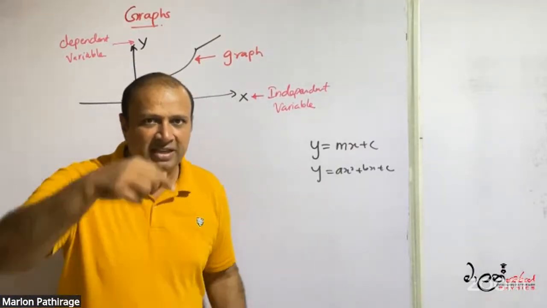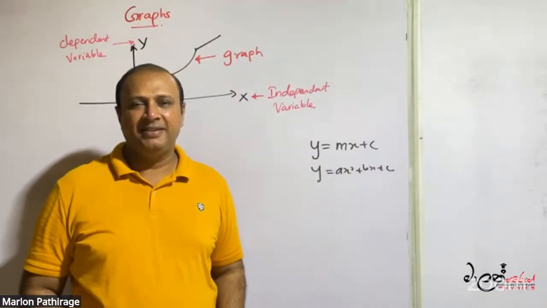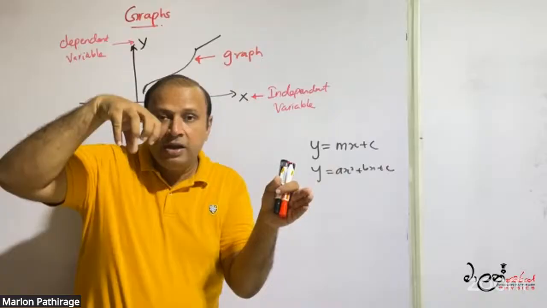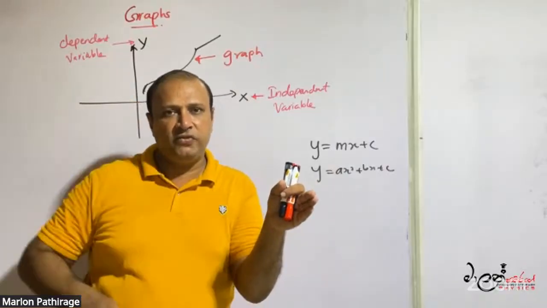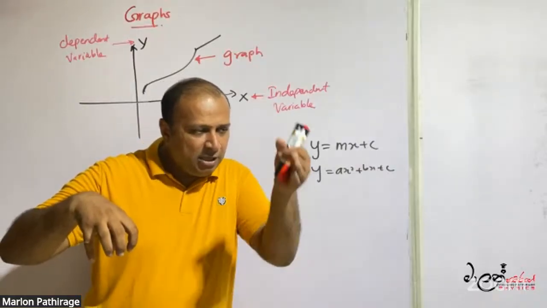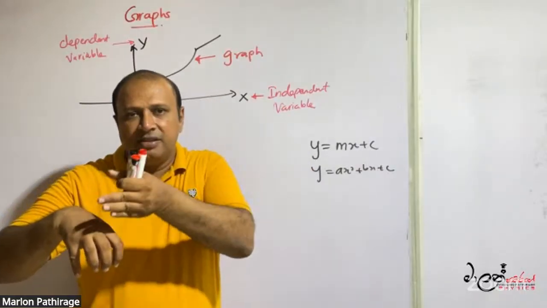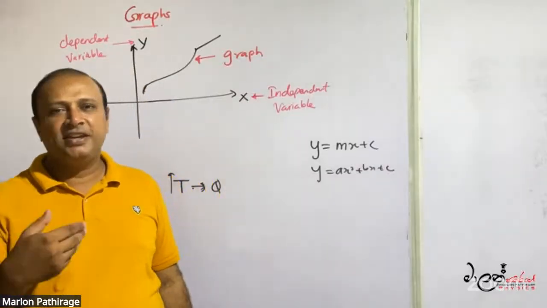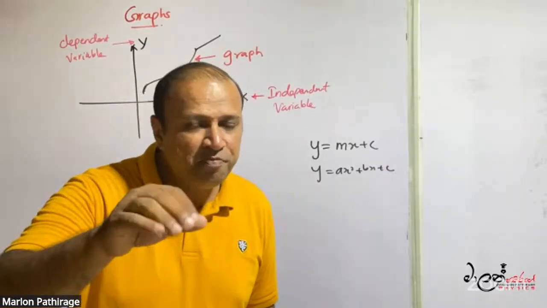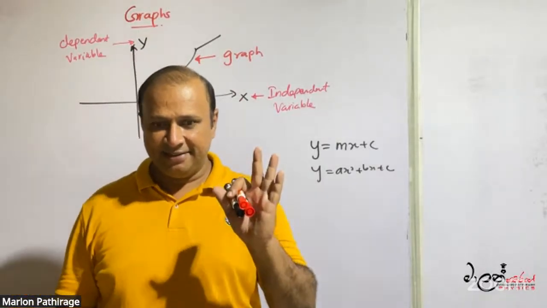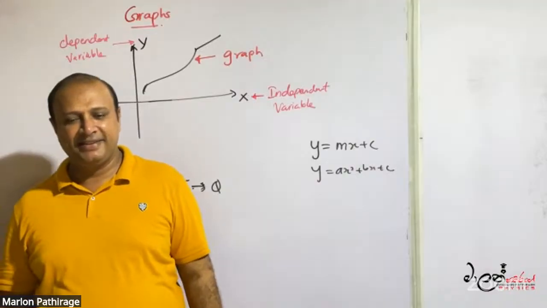But what is the second variable? It changes its value according to the change in the first variable. That means that variable depends on the first one. Therefore, such variables are called dependent variables. Is that clear?